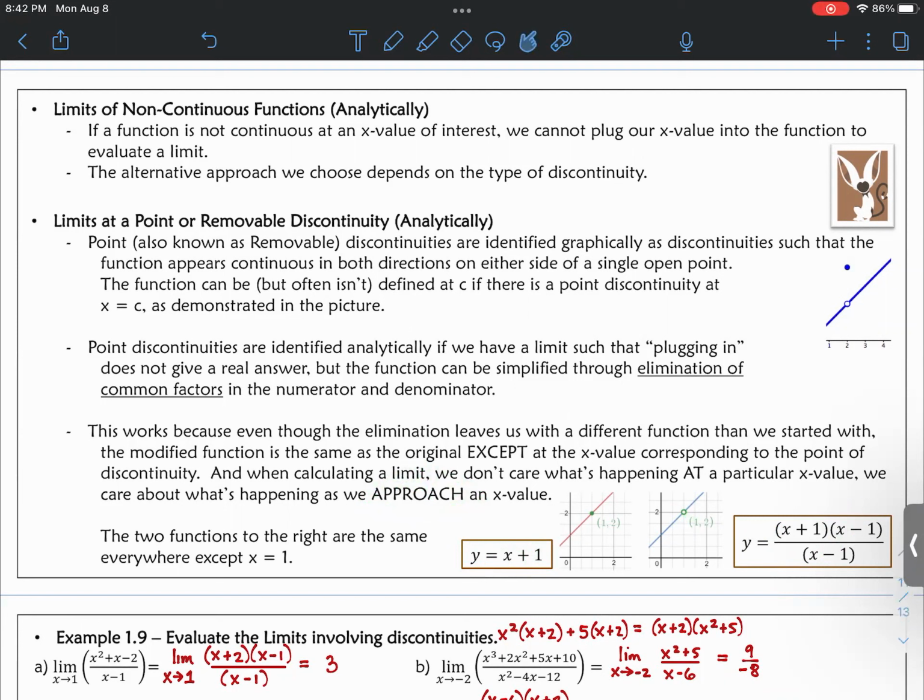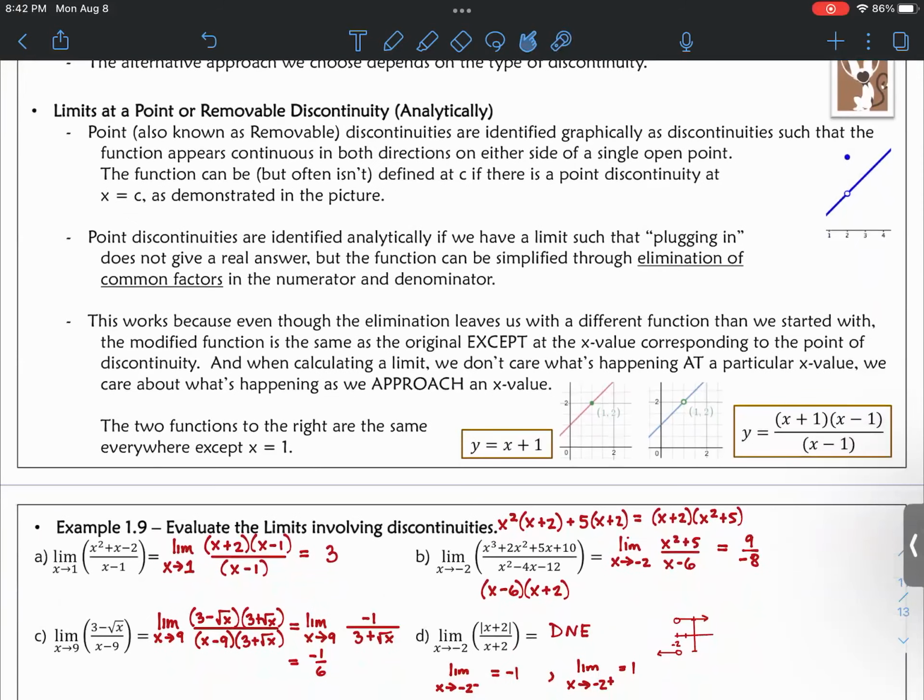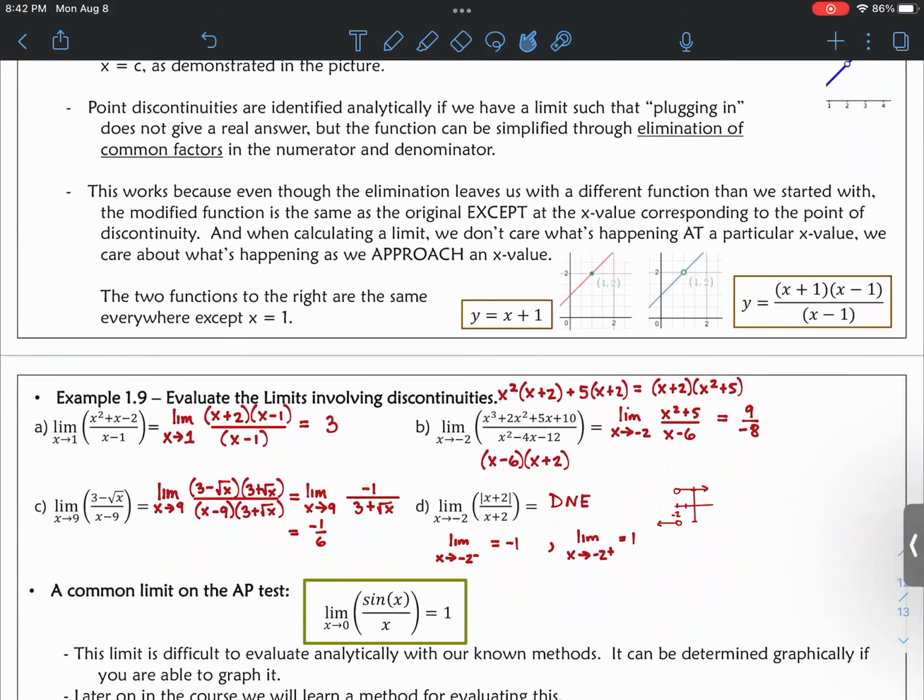So long story short, if you have an expression where you try to plug in your given x value and it doesn't work out, see if you can factor that thing and get some cancellation, because if you can, then the answer you end up with will be a valid answer for a limit, even if it wasn't a valid answer for the algebra question for just plugging in directly to the function.